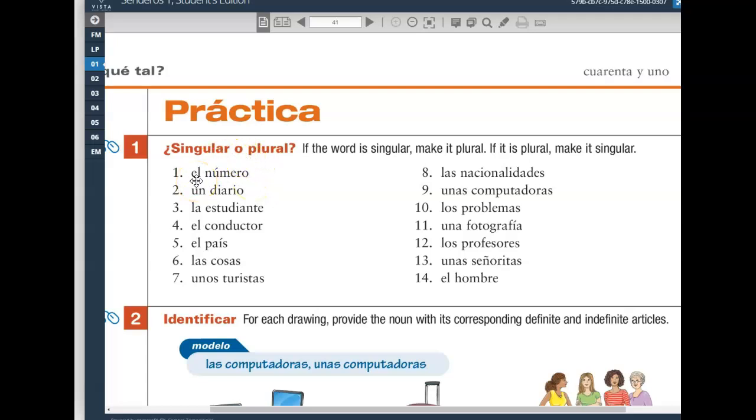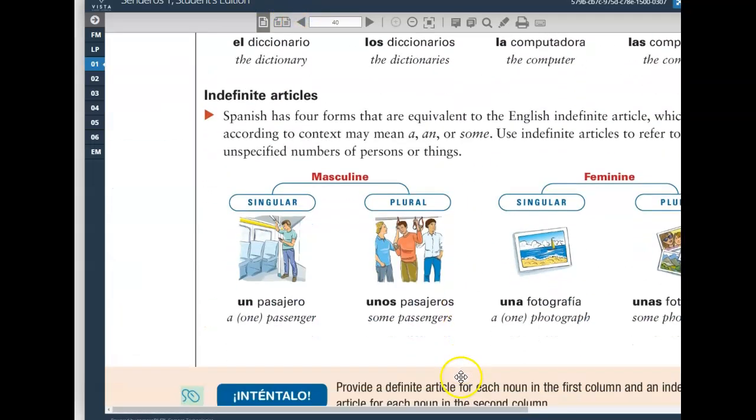And then the masculine plural definite article used here would be los. El número would change to los números.